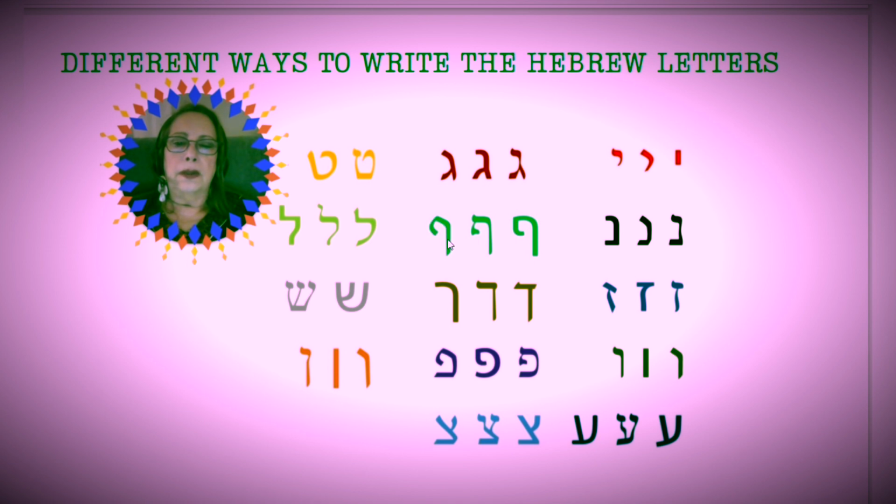This one may be a little thinner than this one, but they are all Pesofit, and they go at the end of a word. Okay, and here we have Lamed. Three minor different ways. This one is not as fancy as this one. It's a little shorter here at the top, and here is Zion.